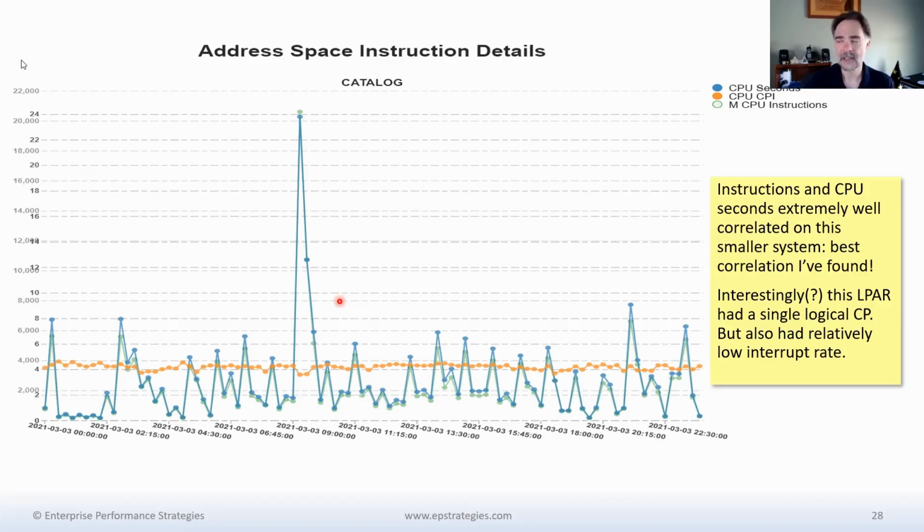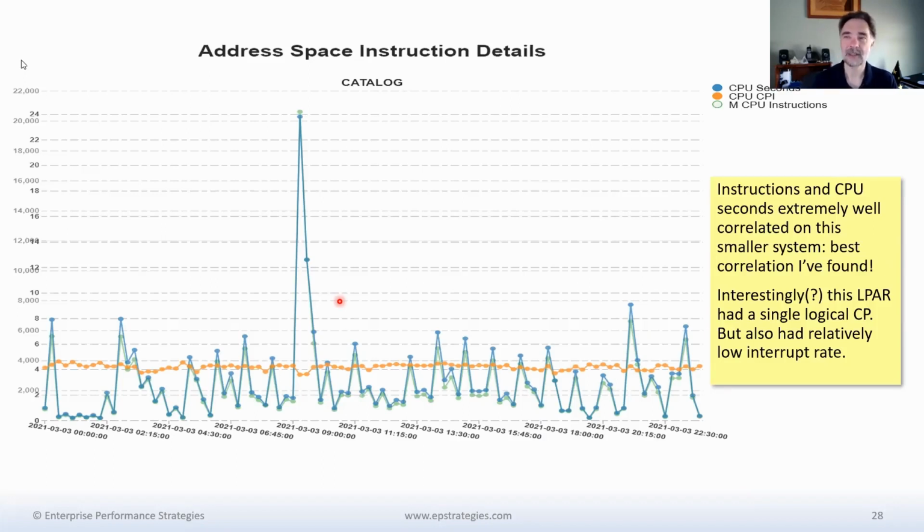Now, interestingly, and this was the fascinating part for me, this LPAR had only a single logical CP, but it also had a relatively low IO interrupt rate. Having only a single logical CP seems like it would definitely be impacted more, because the IO interrupt is happening on that CP since there's only one CP.